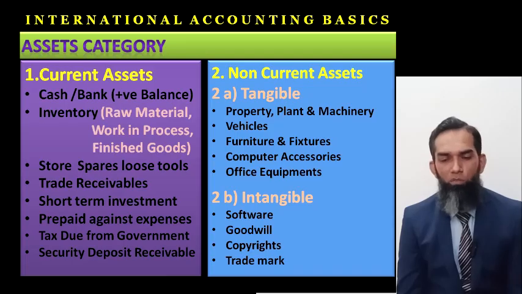Also, office equipment normally covers the electronic equipment, and furniture and fixtures, as I have told you earlier. So these are all tangible assets, which we can touch, and that is available in tangible form.